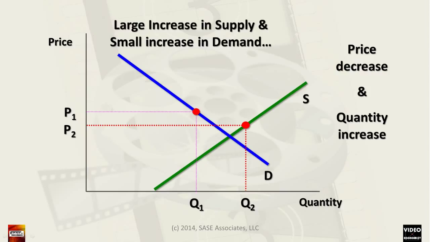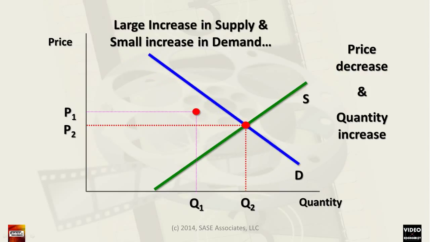Meanwhile, an increase in the number of buyers and the price of a substitute good produces a small shift in demand upward and to the right. As with supply, we expect an increased quantity. However, the demand increase pulls the equilibrium price upward by a smaller amount than the downward price effect caused by the large supply increase.